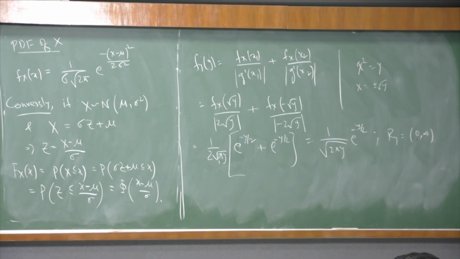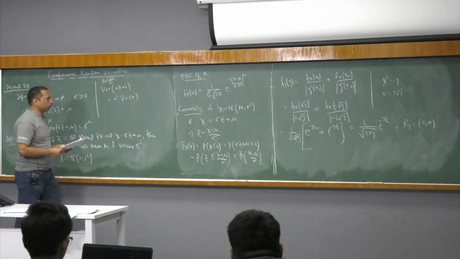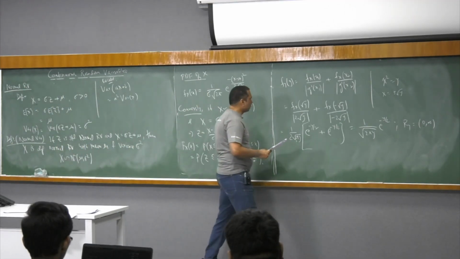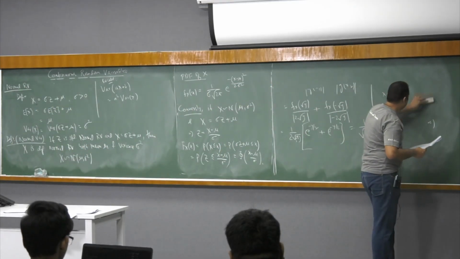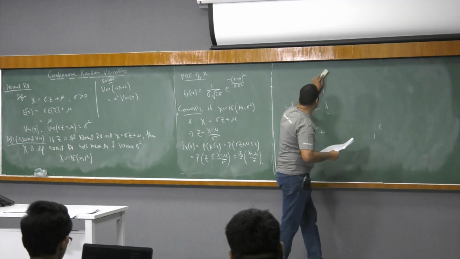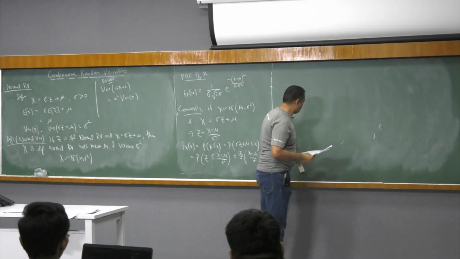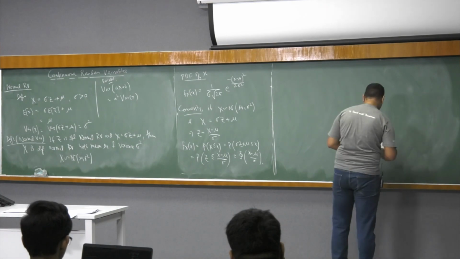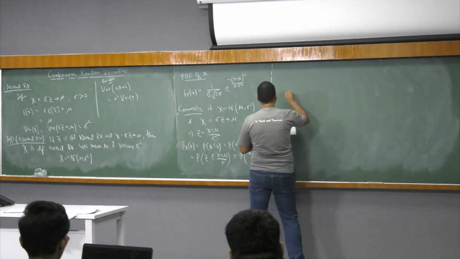Now I have the tabular values, right? So I can use the tabular values of phi and estimate the CDF at any point x for a normal random variable. As a very short example, like 2-3 lines, because all the work is done by the table itself, we don't have to do much in this case.